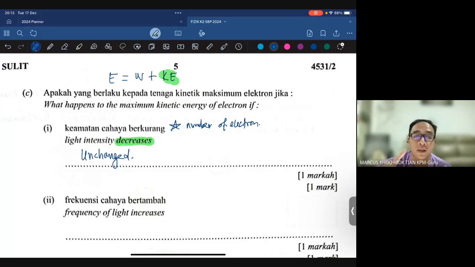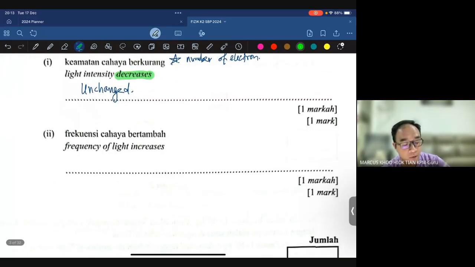This is very important. I have seen questions before that ask what happens to the maximum kinetic energy, or what happens to the number of electrons. So be very, very careful about this. The light intensity affects the number of electrons, the frequency affects the kinetic energy.